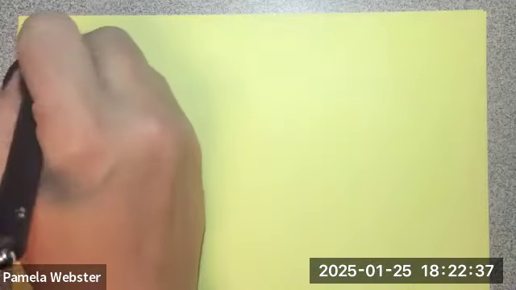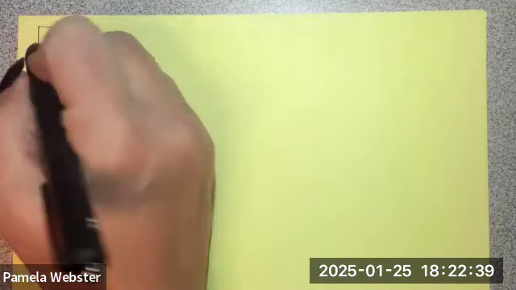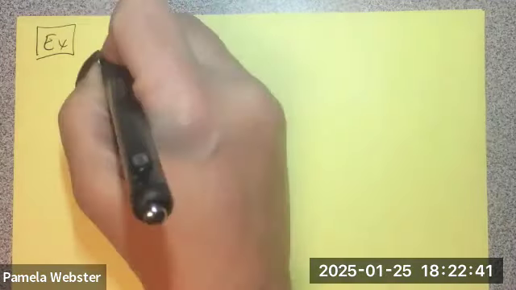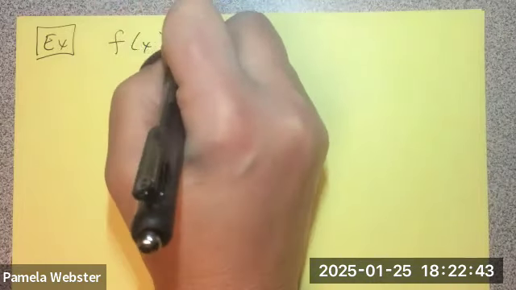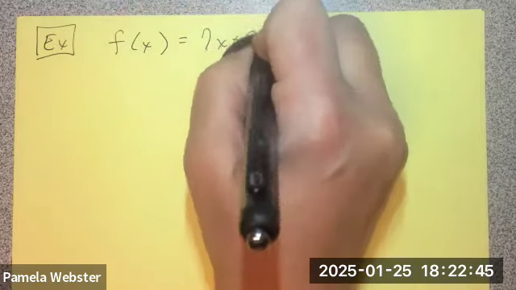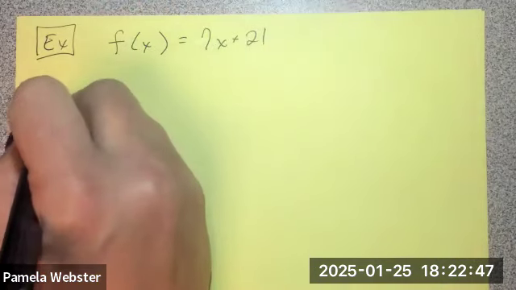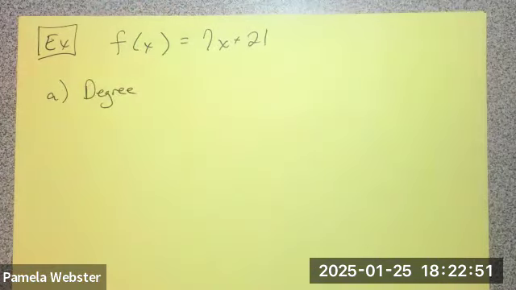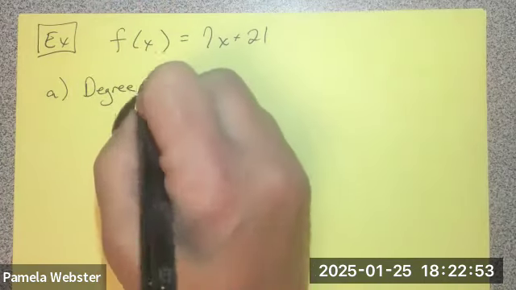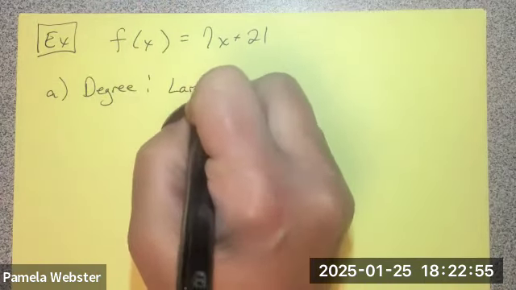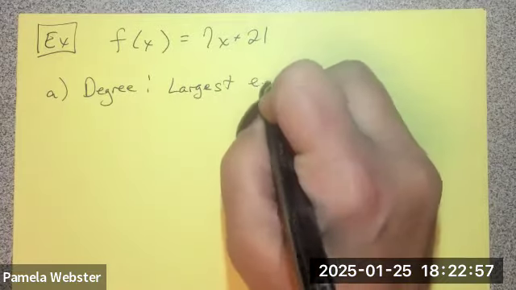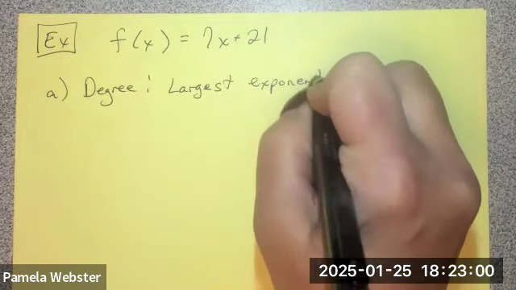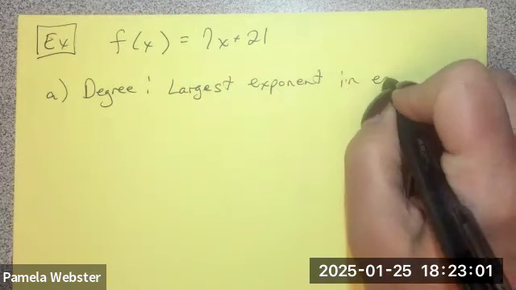Okay, here's an example. We're going to answer several questions about this. F of x equals 7x plus 21. Okay, I want to find the degree. Okay, the degree is the largest exponent in your equation.